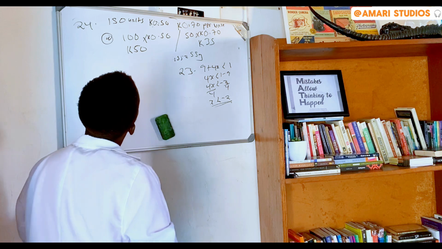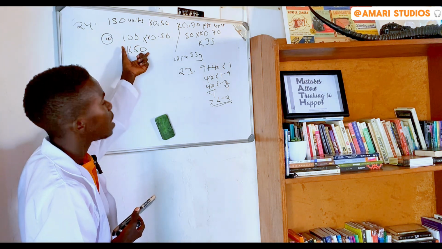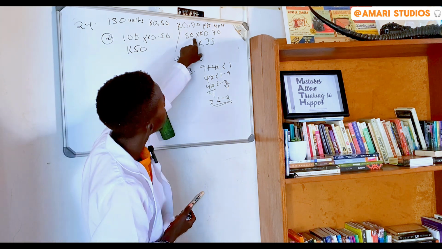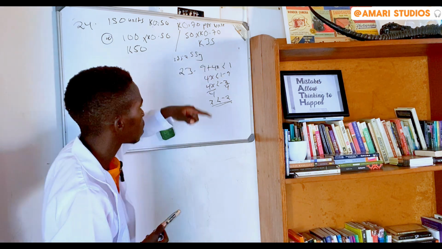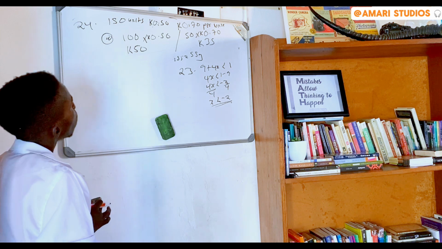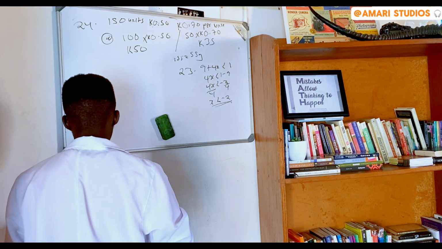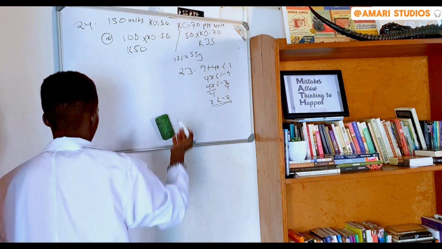So for the first 100 units, he paid 50 kwacha, and for the rest of the 50 units left, he paid 35 kwacha. So the question said, find how much he paid for the first 100 units? You just multiply 100 by 0.50.